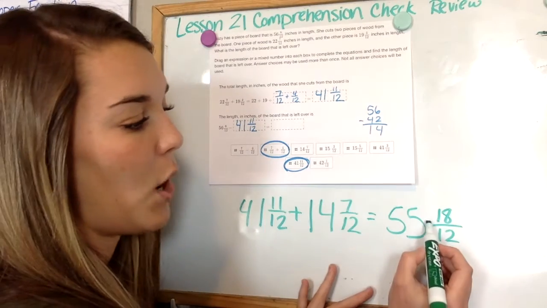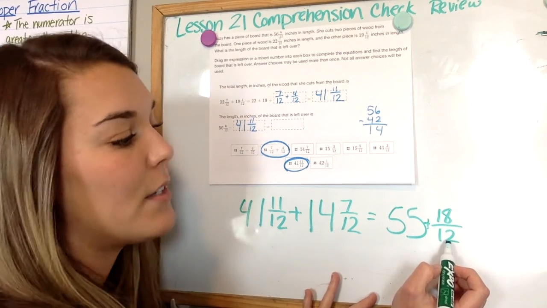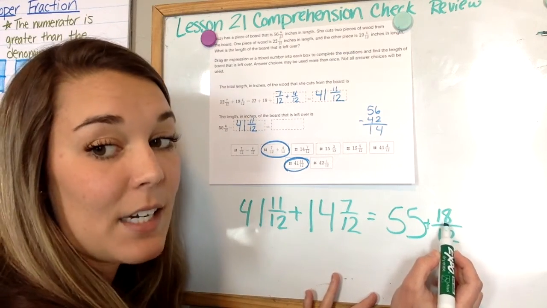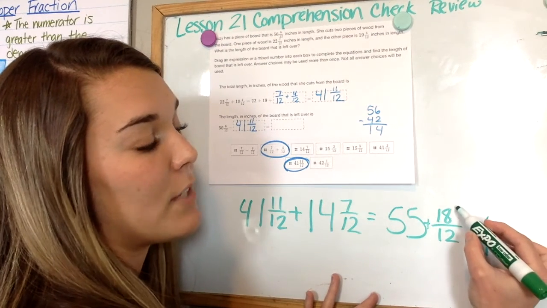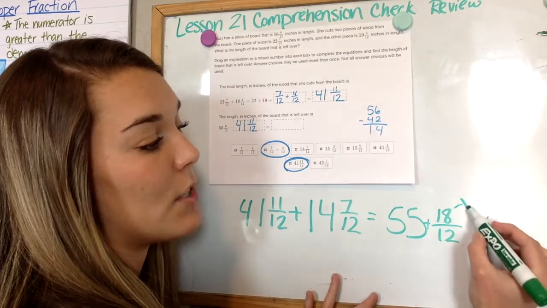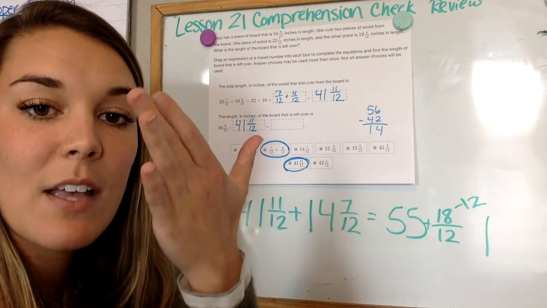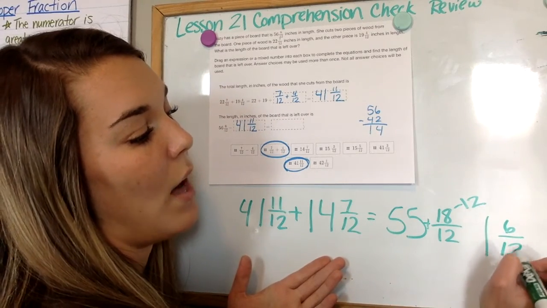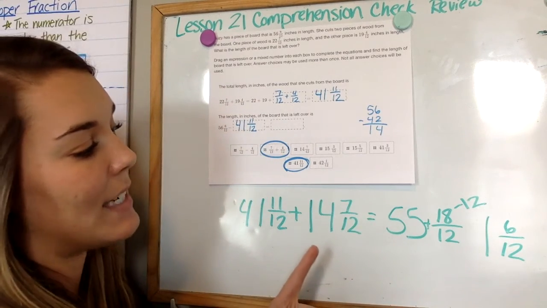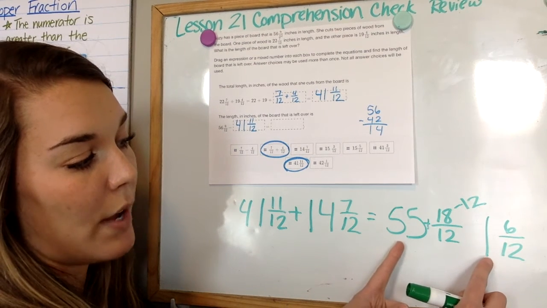So I'm going to break this apart into 55 plus 18 over 12, and I'm going to simplify that. So 12 can go into 18 one time, so it's a big 1. And then 12 times 1 is 12. So when I do 18 minus 12, 12, 13, 14, 15, 16, 17, 18, that's going to leave me with 6/12.